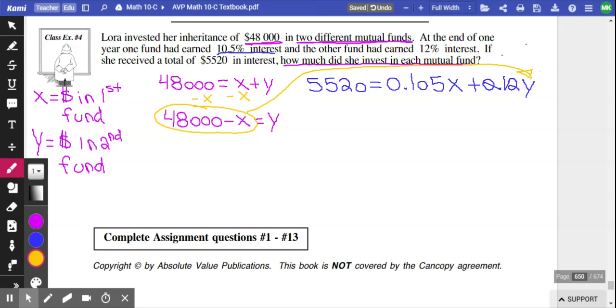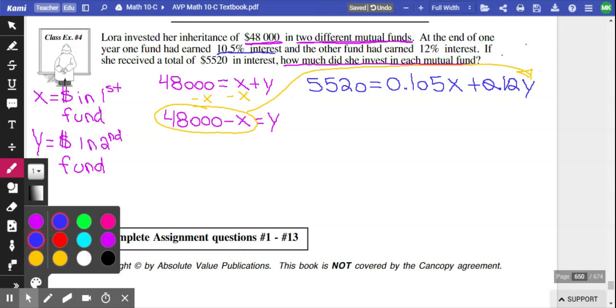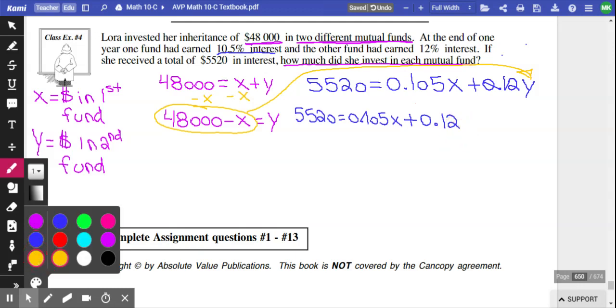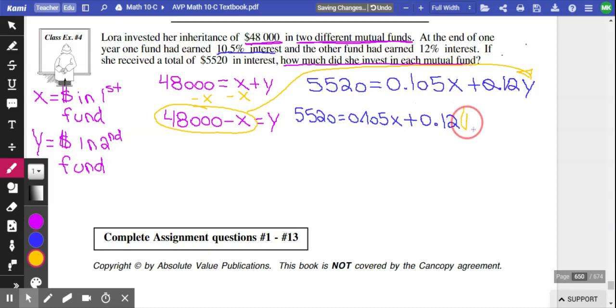And it's not going to be pretty, but we're going to be able to do it. That gives me 5,520 equals 0.105x plus 0.12, and instead of y, you're now substituting in 48,000 minus x.